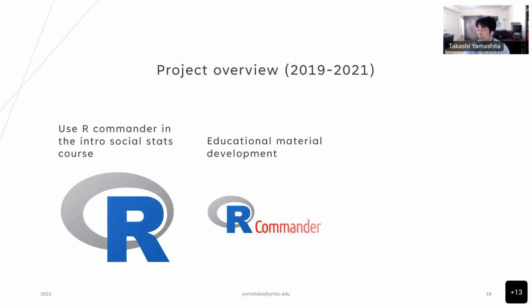Each can be completed within like 30 minutes, maybe 45 minutes, depending on the students. So we added this component to the existing statistics course. They mostly use SPSS, I think. So in addition to SPSS lab work, we added this supplemental training.